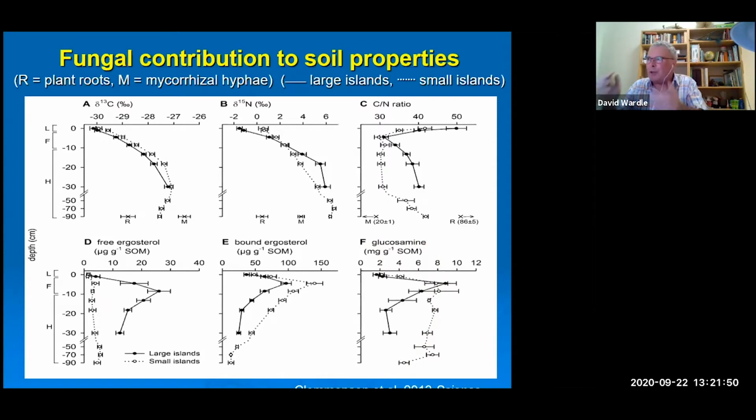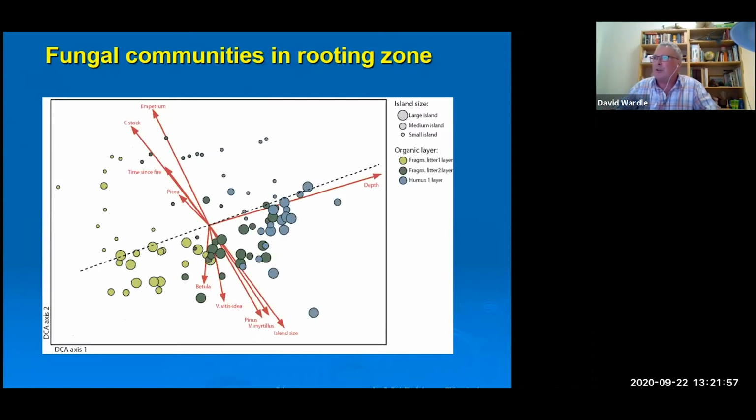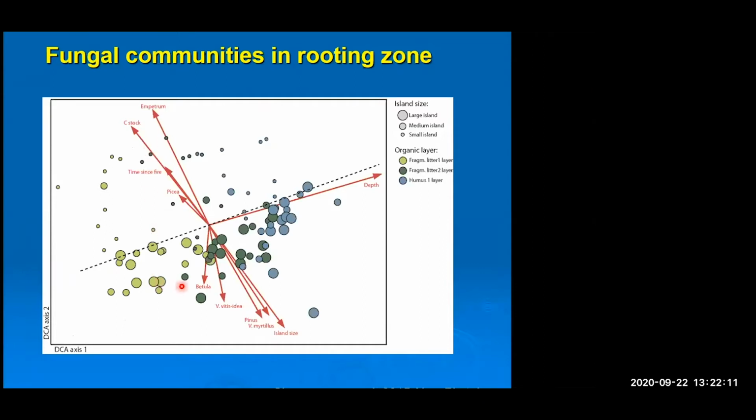Now, we've taken this further to look at the types of fungi that lead to the organic matter accumulation. This shows an ordination diagram of all of our soil samples in terms of their fungal communities. For those not familiar with ordinations, basically points that are closer together have more similar fungal communities, further apart they're more different.